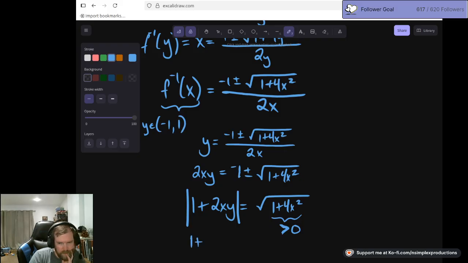Okay, so 1 plus 2xy will be positive when xy is greater than negative a half.